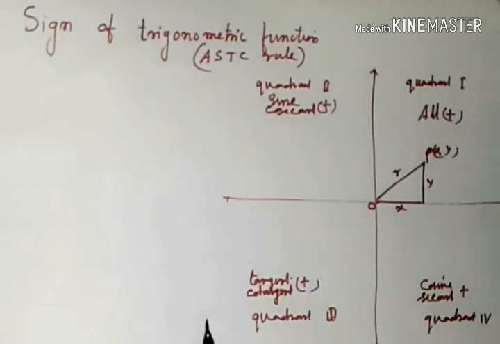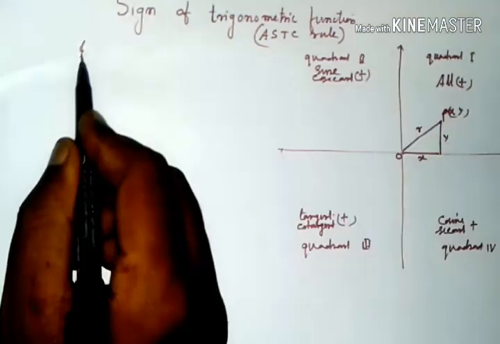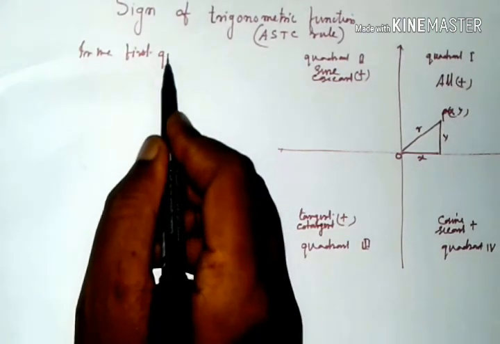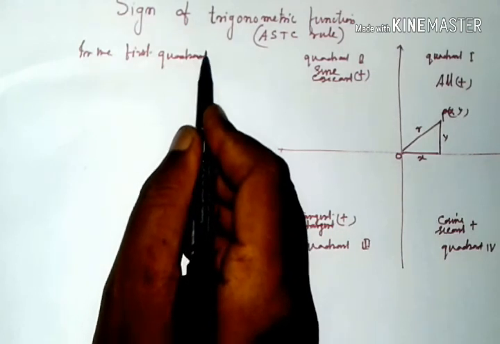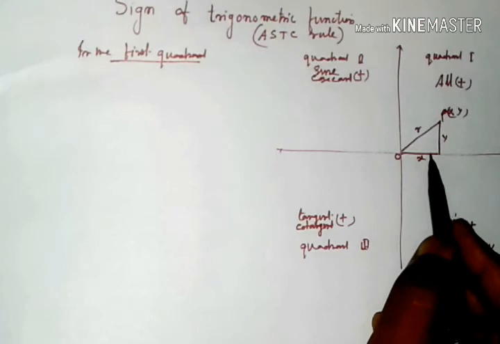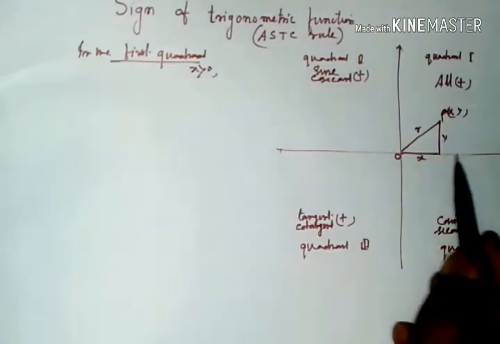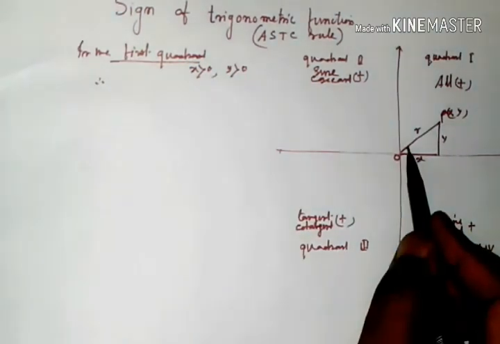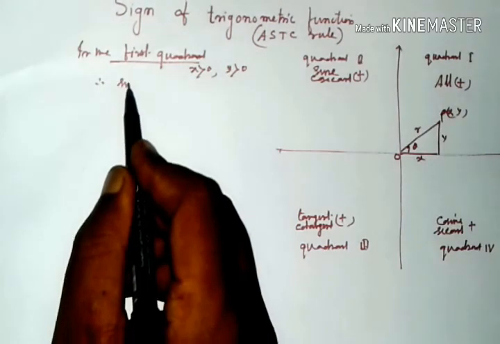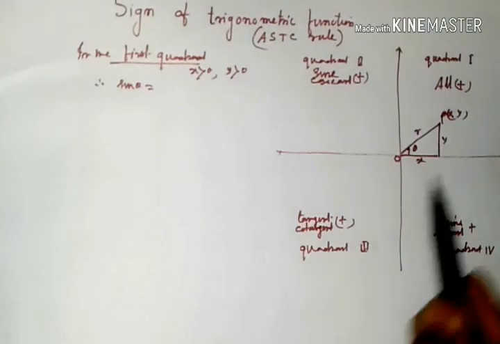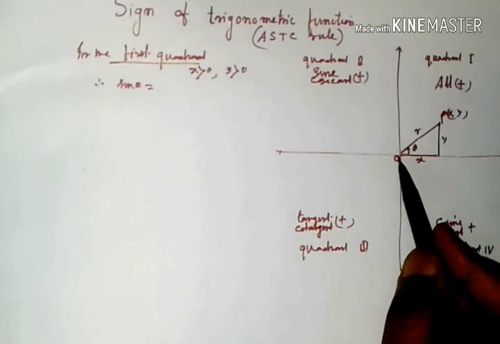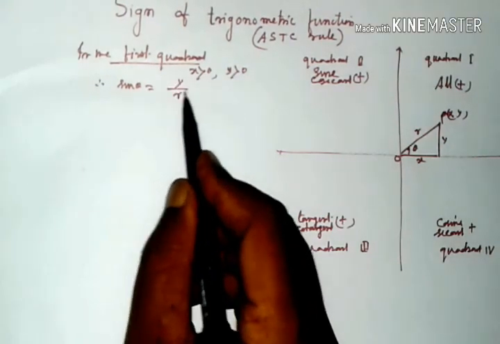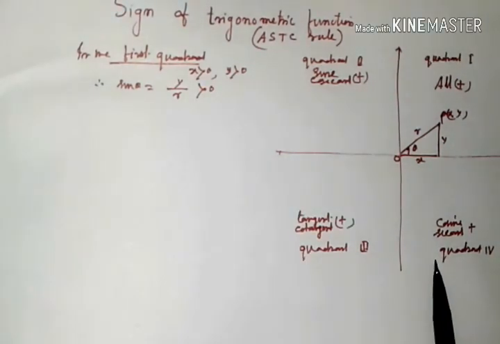In the first quadrant, x is greater than 0, y also greater than 0. Therefore, if we take the angle as theta, then sine theta is perpendicular by hypotenuse, therefore y by r, which is also greater than 0, that is positive.